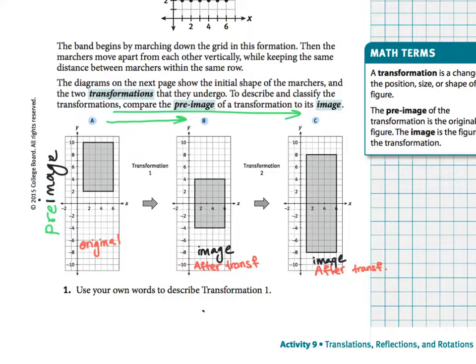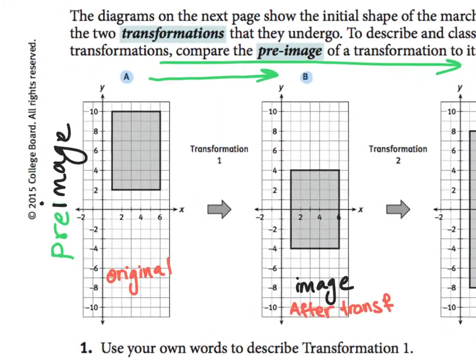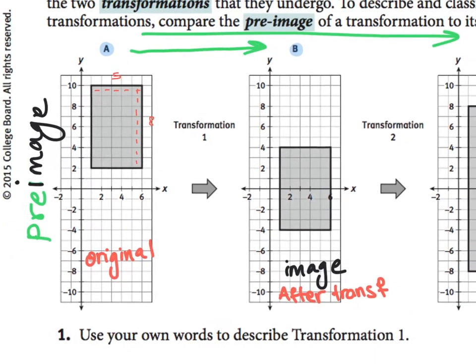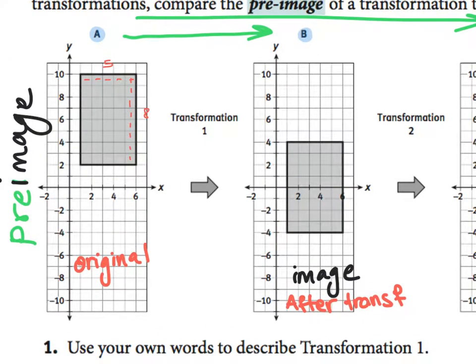So let's look at pre-image A. This is a rectangle, and the length of this rectangle is 1, 2, 3, 4, 5. And the other length is 1, 2, 3, 4, 5, 6, 7, 8. So it's a 5 by 8 rectangle. If we look at figure B, it's still a 5 by 8 rectangle.